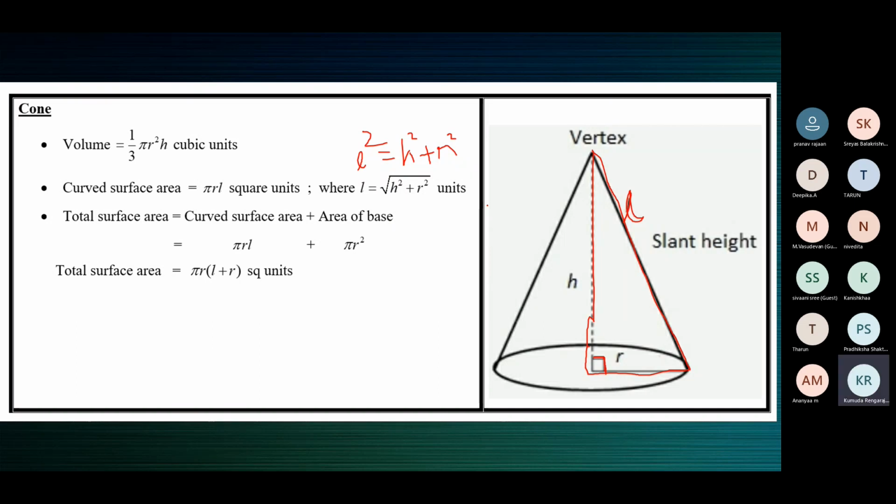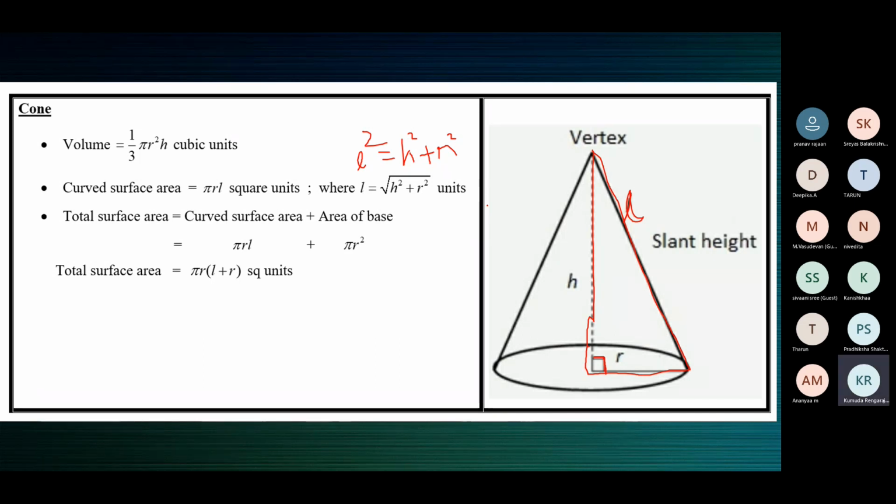So L square is equal to h square plus r square, and L is equal to root of h square plus r square. Curved surface area is given by the formula pi RL, R radius, L slant height. If not given, you should find L using the expression root of h square plus r square.